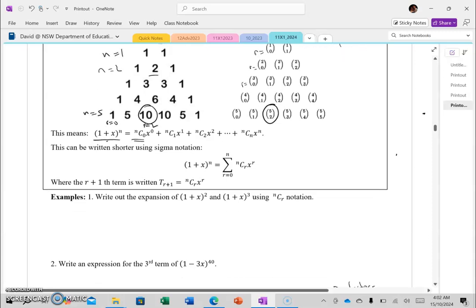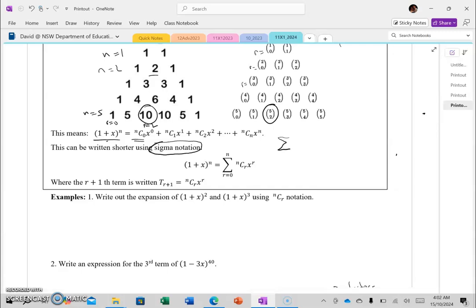We have a way of writing it shorter using something called sigma notation. Sigma notation uses the Greek letter sigma, which is used for a sum. So this sigma from r equals 0 to r equals n, that's how we would say that.